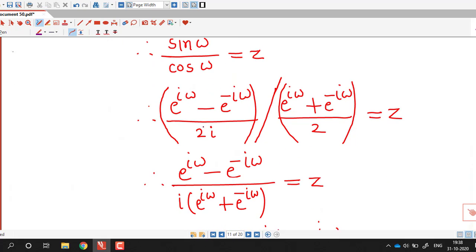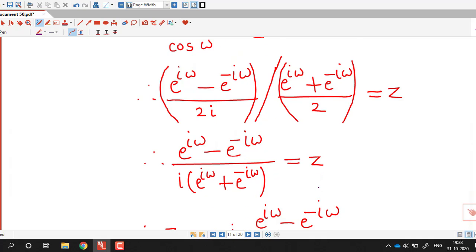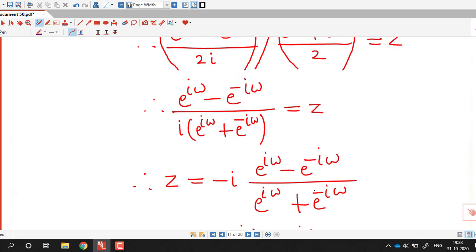So here 1 by 2 will cancel out and we are left with e raised to iw minus e raised to minus iw divided by i times e raised to iw plus e raised to minus iw equal to z. So now in the next step I replace this 1 upon i by minus i. So I obtain z equal to minus i times this expression.